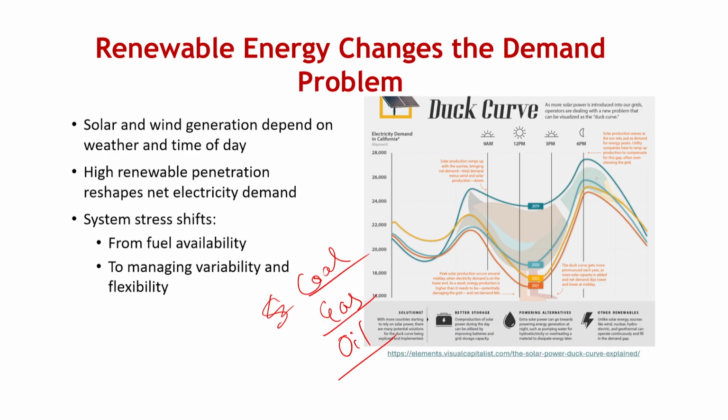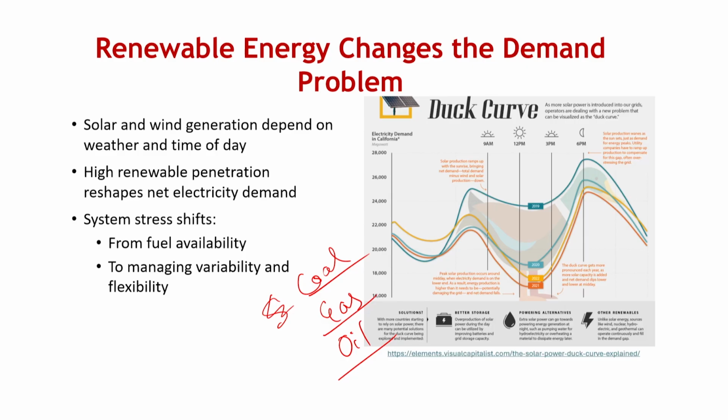Now the problem with renewables is that as soon as I start using renewable energy sources, they have their own temporal variation and their own seasonal variation, which are inherently present purely by the nature of those sources.